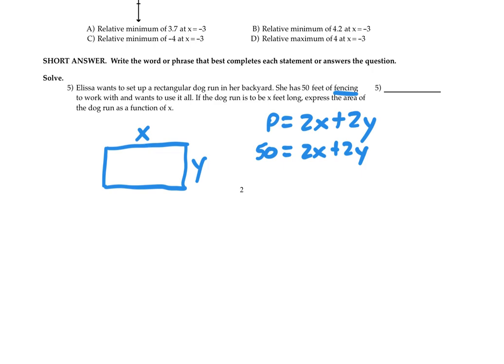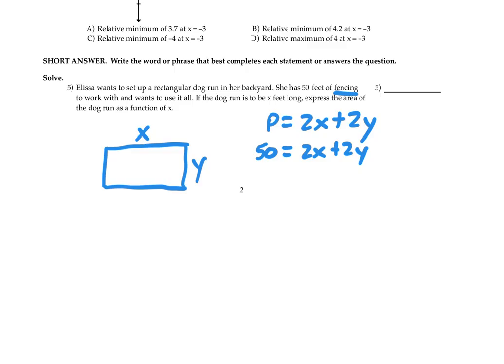So my goal here is I have to put y in terms of x. I already know what the length is. I have to put my width in terms of x. So I need to solve this equation for y and put it in terms of x.